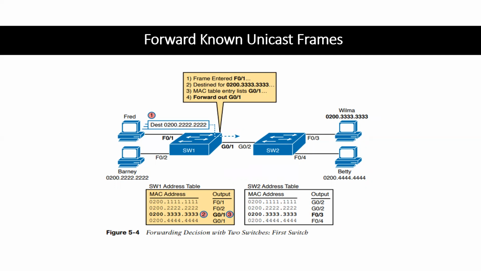Okay, and so what's going to happen is the frame is going to enter Fast Ethernet 0/1, right? It's destined for .3333, right? And the MAC address table entry is for Gigabit 0/1.